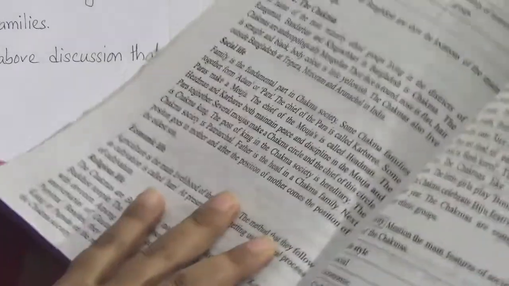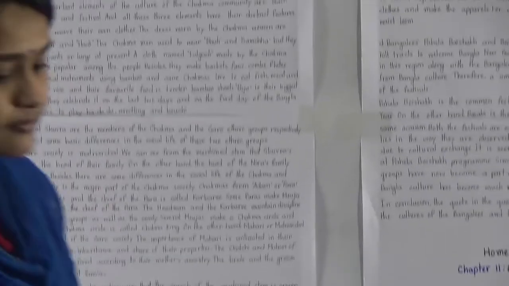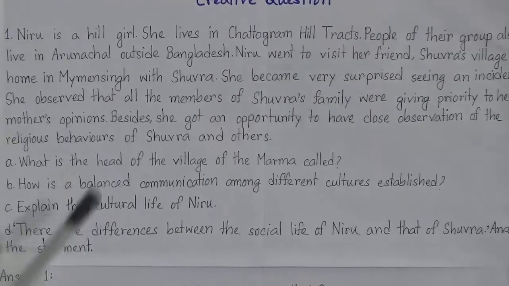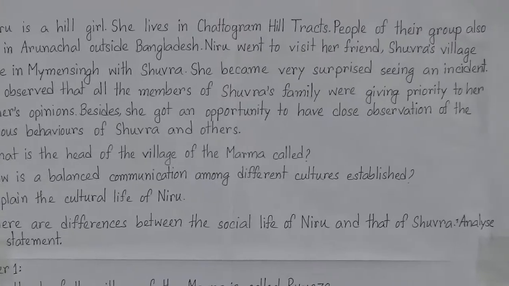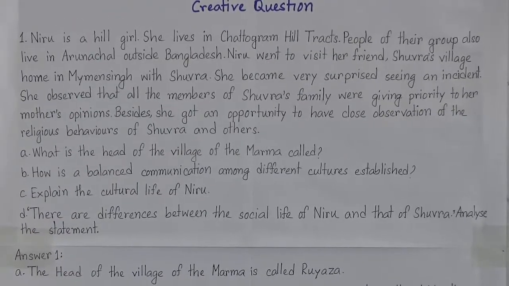So with the help of these two paragraphs, you will try to make your own answer, or you can also use this sample answer. Now look, this is the sample answer of creative question number 1. You can follow this answer, or you can also make your answer by yourself.